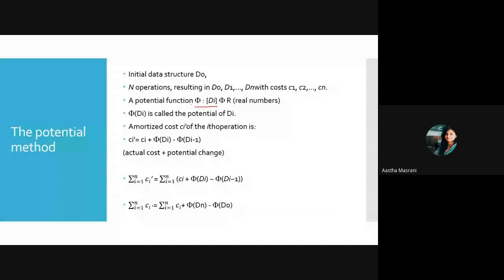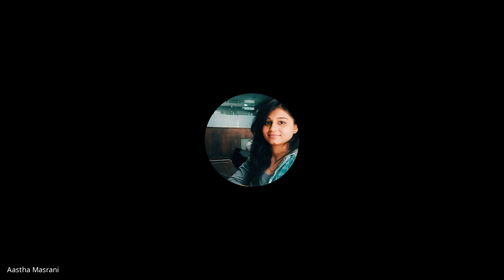So Di is the data structure and the potential is the cost that is assigned to the data structure. Now the amortized cost can be derived from the potential function. What is the formula for that? C dash represents the amortized cost of the function.